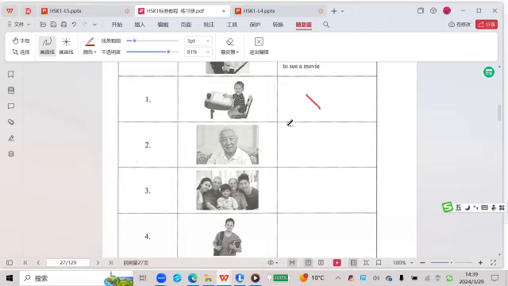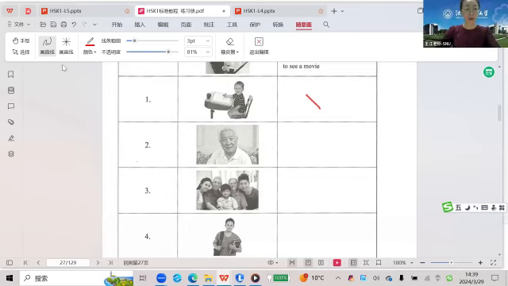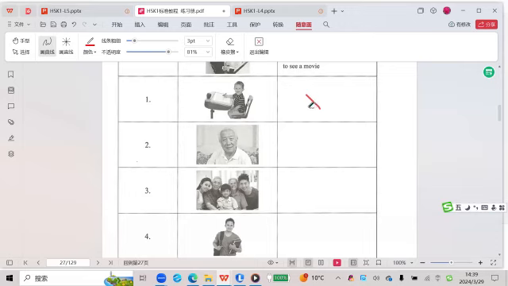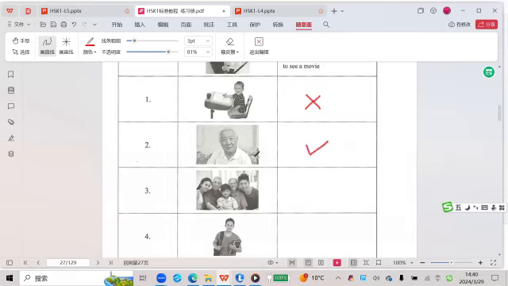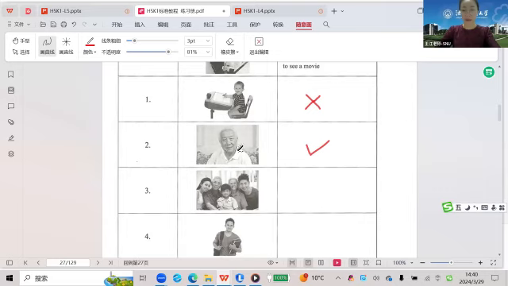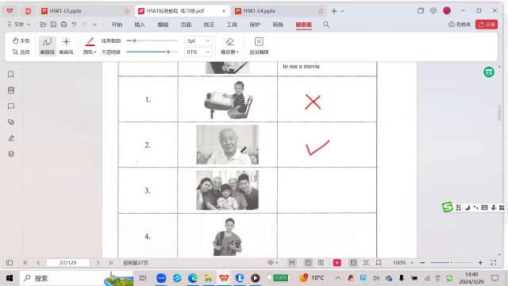Okay, so number two, is it right or wrong? Right. So what did we hear in the picture? 虚岁.